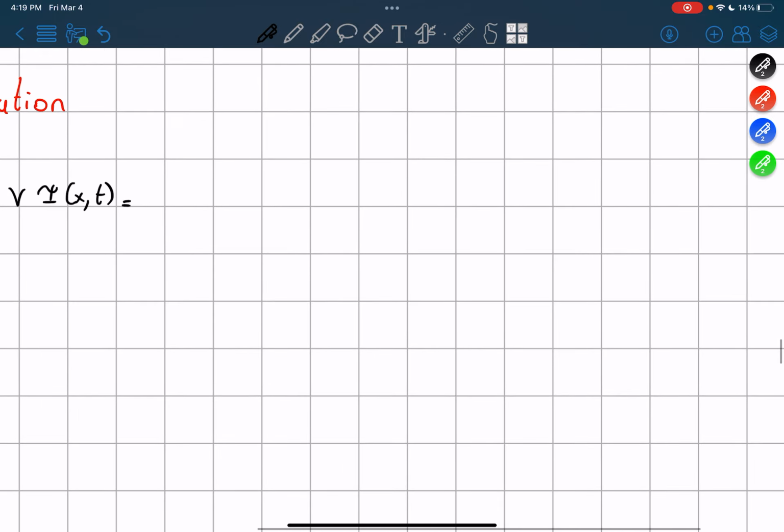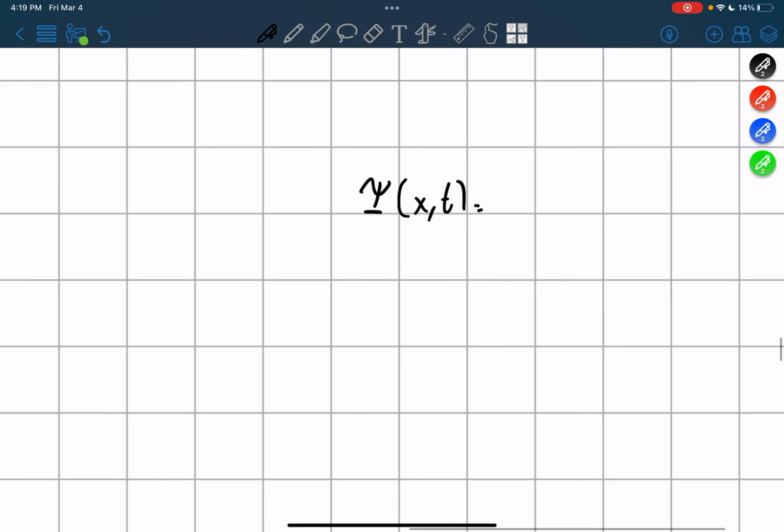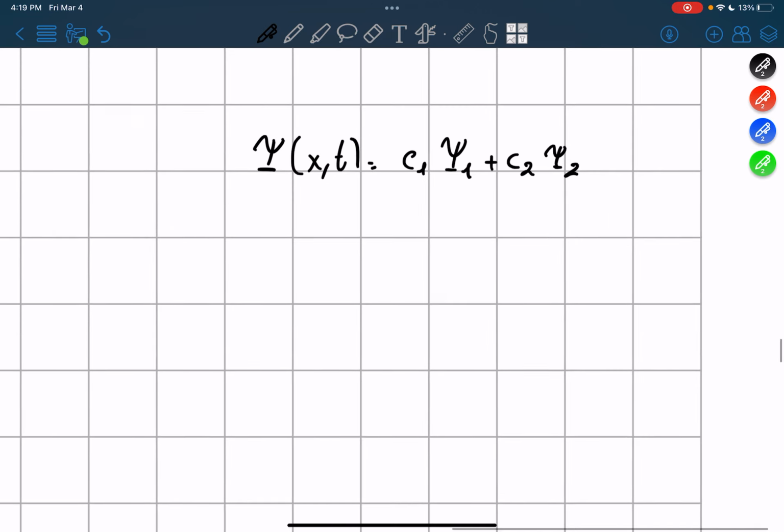So let's say that in this case, our capital Phi in terms of x and t is going to be equal to, let's say, c1 capital Phi 1 plus c2 capital Phi 2. Now you understand why I put the c at the end of the video.